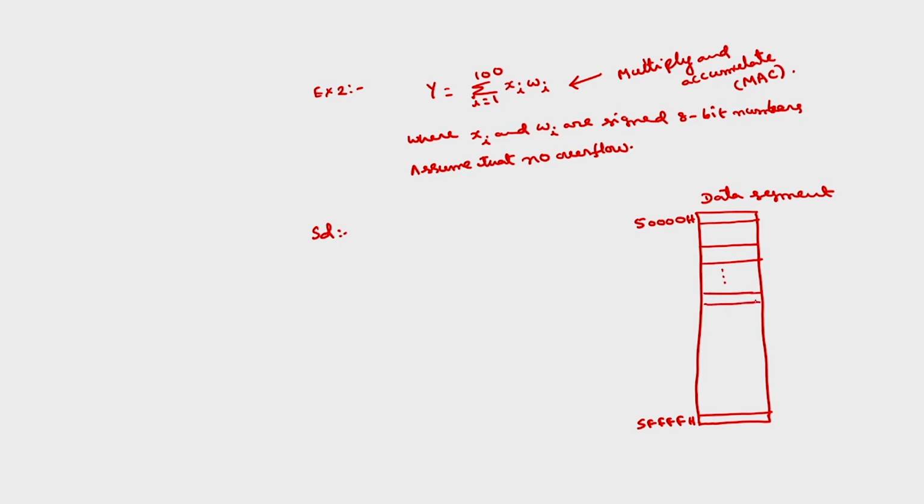Assuming a total of 100 numbers, this is 50063H. Here x1 is stored and here x100 is stored.